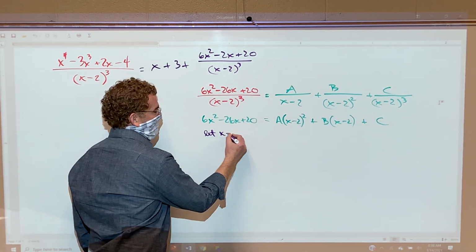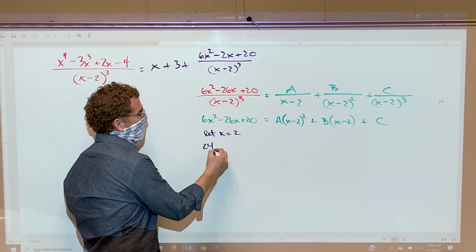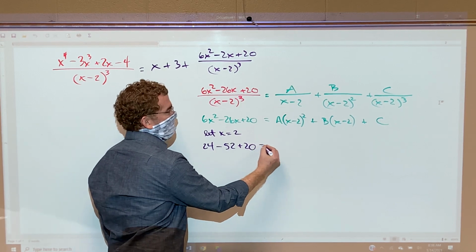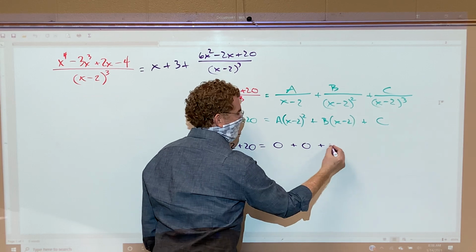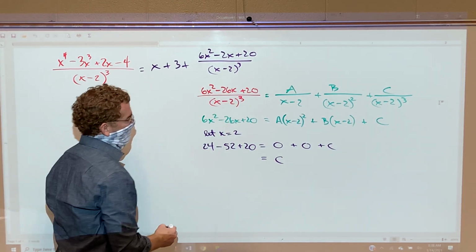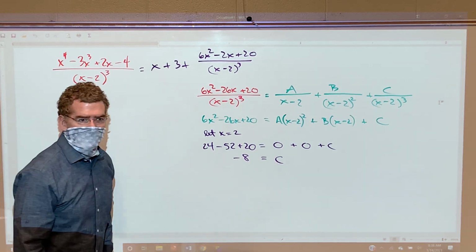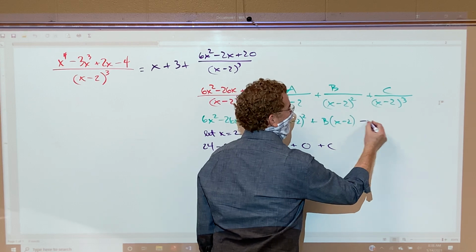If I let x equal 2, then this gives me 6 times 4, which is 24, minus 26 times 2, which is 52, plus a 20. That goes away, and all I'm left with is C. So C equals what, negative 8? And I've got my C value. And the second I have my C value, I can change that to a negative 8 and I'm on my way.